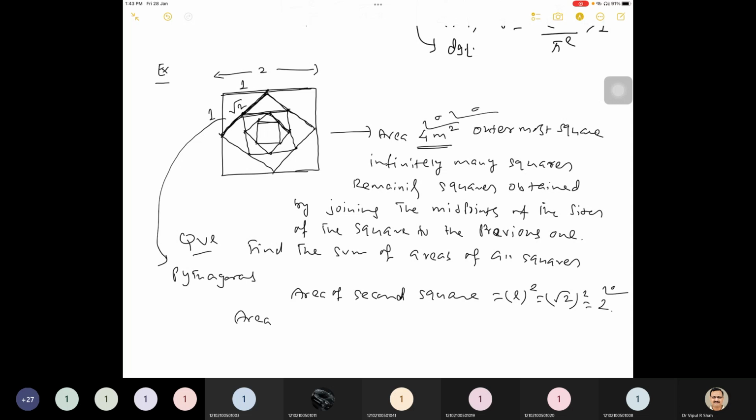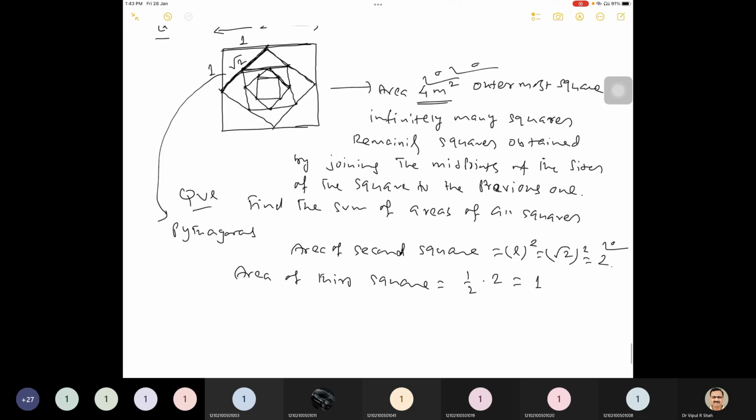You can easily find the area of the third square is equal to half of the previous one, and so you'll get 1. Same way, area of the fourth square is half of 1, that means 1/2. And continue.